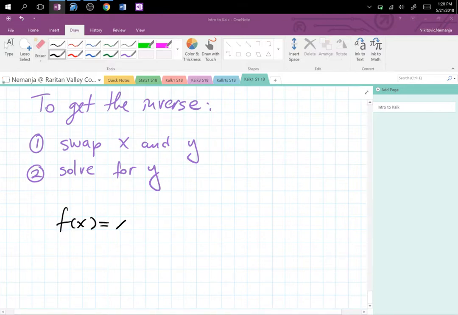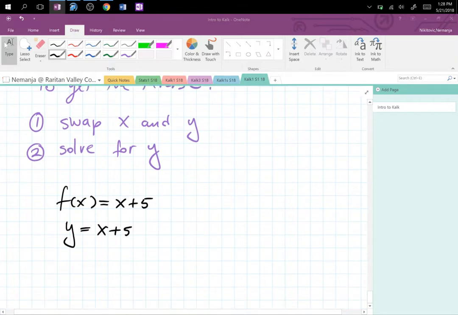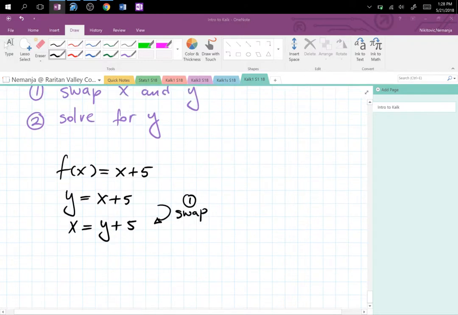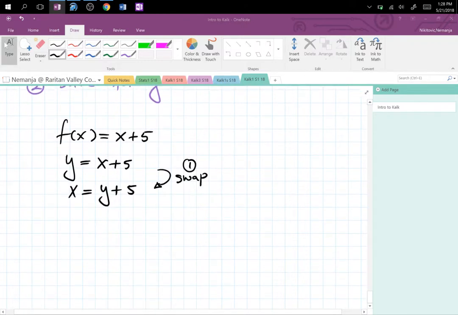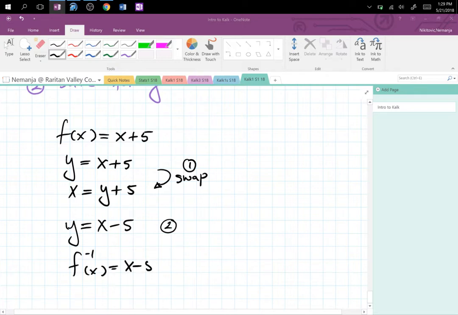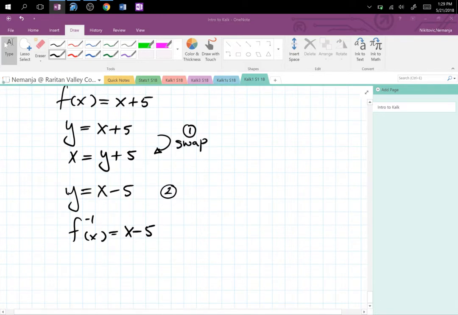So f of x equals x plus 5, y equals x plus 5, x equals y plus 5. That's when the swap happened, which is step number 1. And then solve for y. Y equals x minus 5. That's step number 2. And now for step number 3, you just write the inverse is x minus 5. Ta-da!